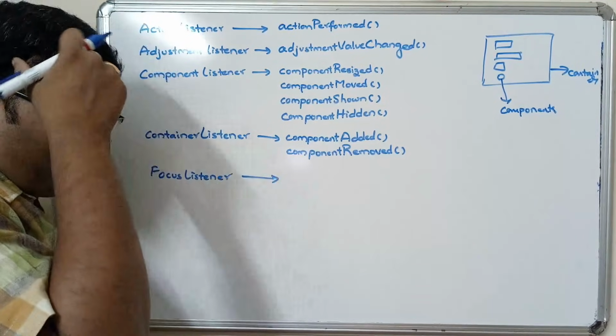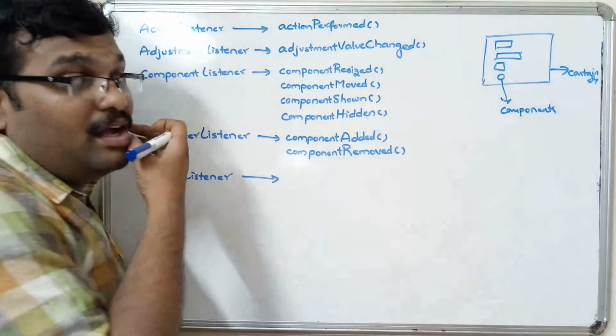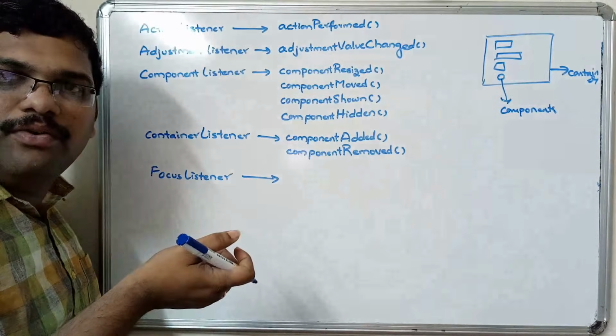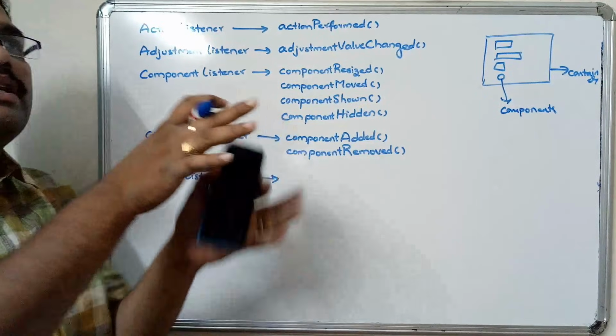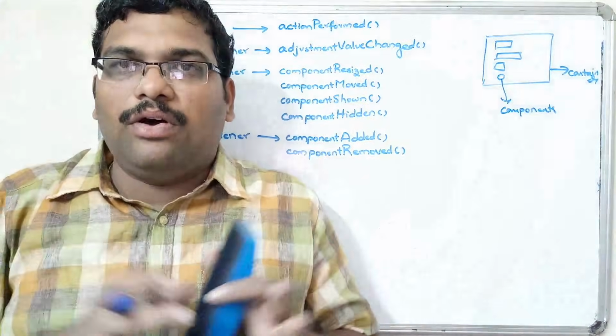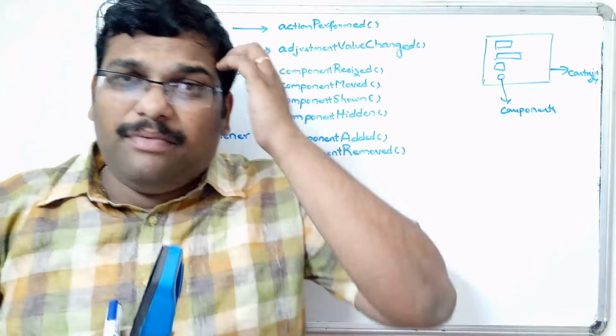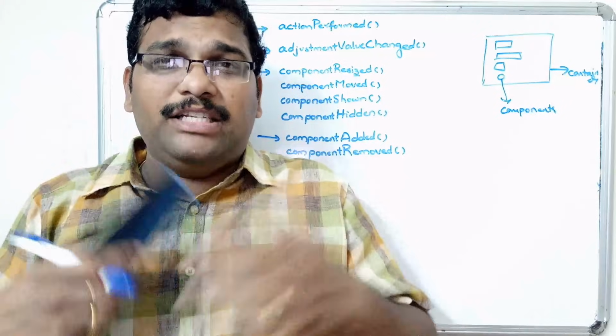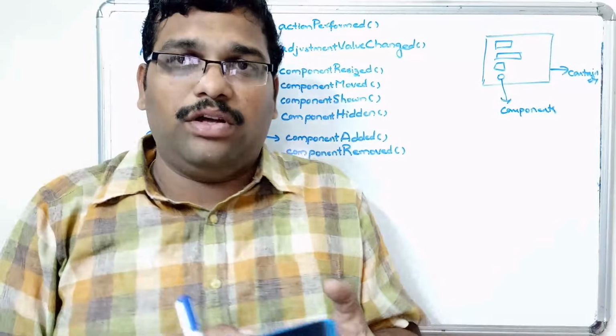Focus listener. Focus listener means we can observe that a focus can be gained or lost. If you are working with multiple windows or multiple folders, you can observe this change. That is what is meant by focus gained and focus lost.